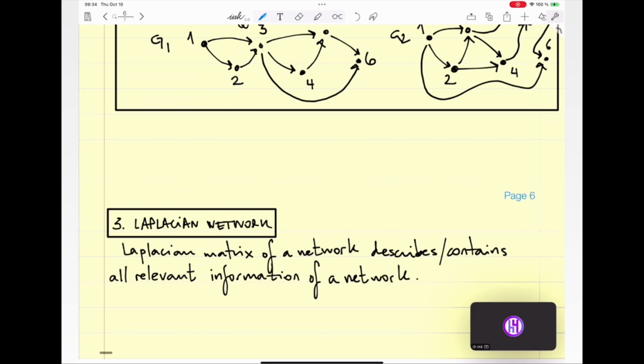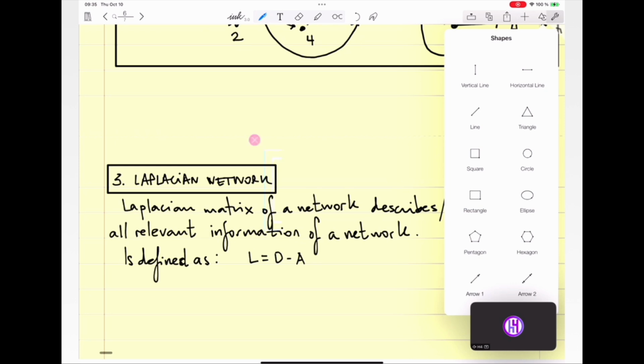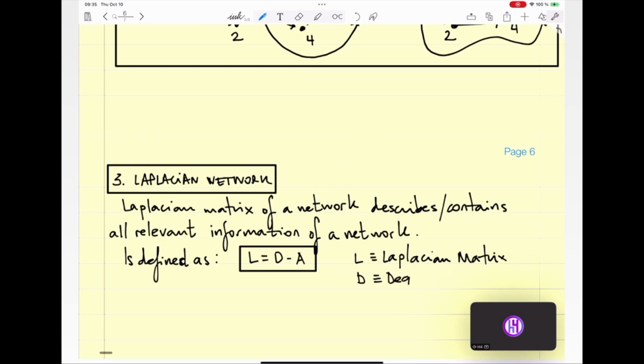Okay, it is defined as L equal D minus A, where L is the Laplacian matrix, D is the degree distribution matrix, and A is the adjacency matrix.